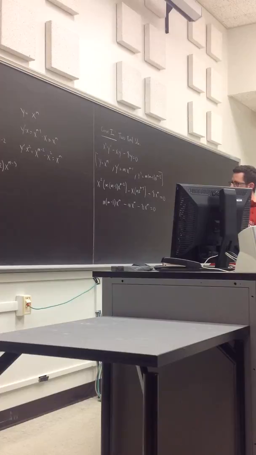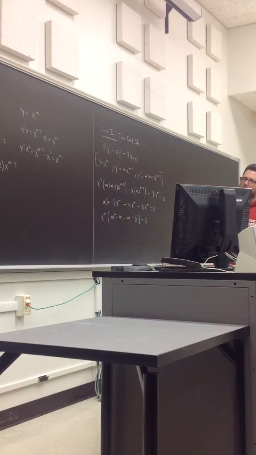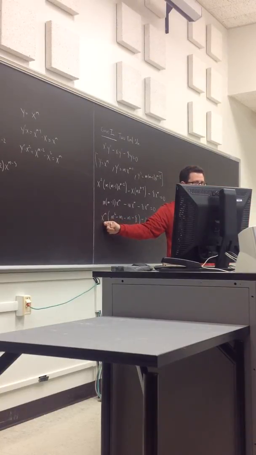Every term has a factor of x to the m, so let's factor that. Here we have m squared minus m minus m minus 8. Because of the requirement that x is positive, x to the m equals 0 has no solutions, so instead you can divide by it.